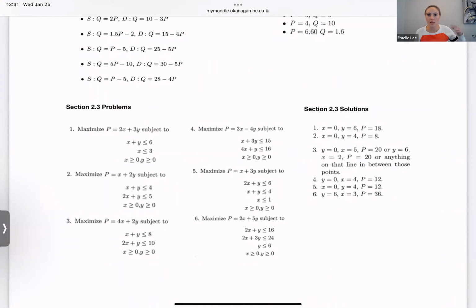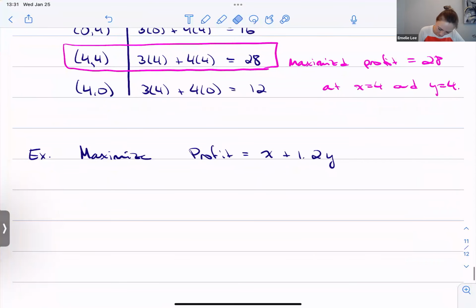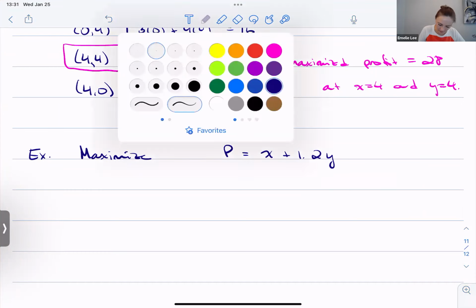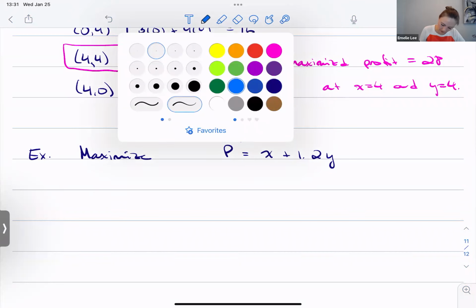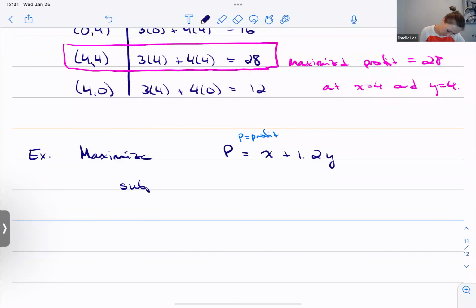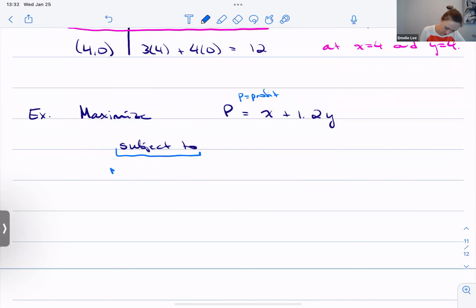I'm going to use that same terminology, so I'm going to switch this. Maximize P, which is profit. Subject to, which is just restrictions.